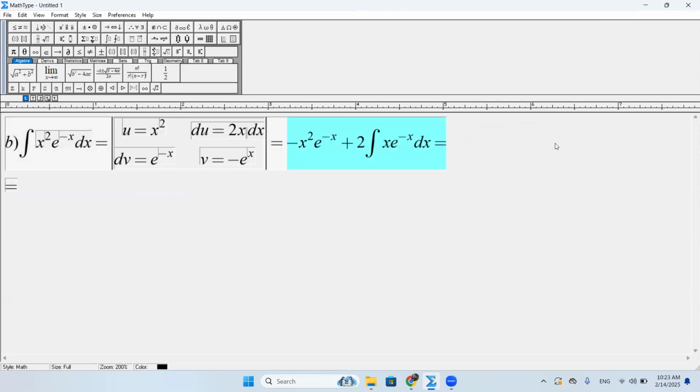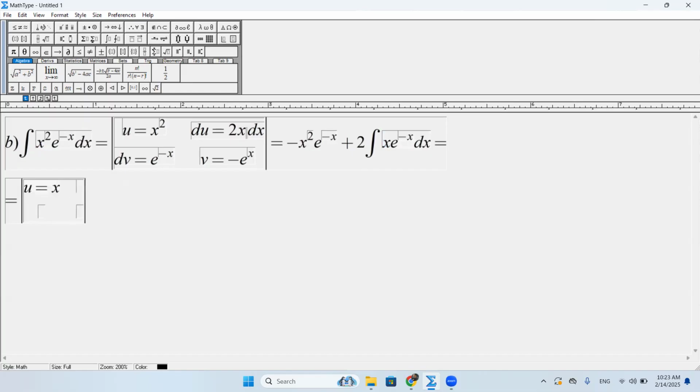So actually, there is such a rule for polynomials: the degree of the polynomial equals how many times we use integration by parts. So the degree of this polynomial is less than here. Here x squared, and here we have just x, so to the power of 1.